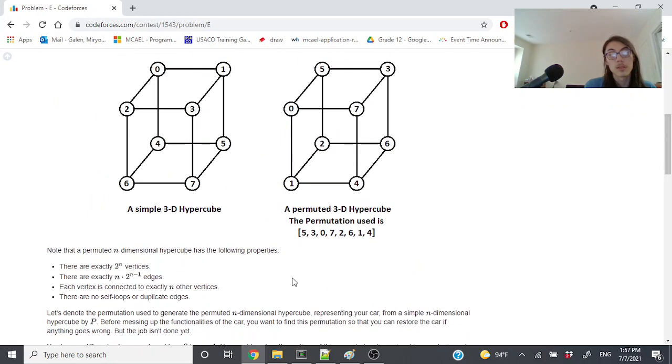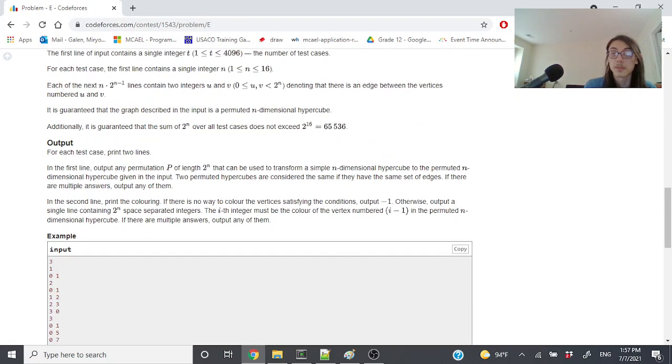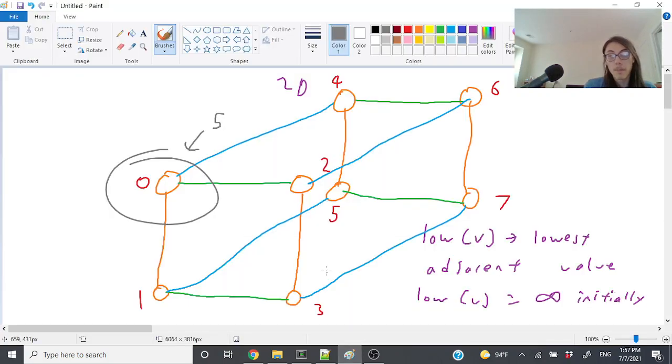Going in order. I think this might actually be wrong too. Okay, whatever. Going in order.